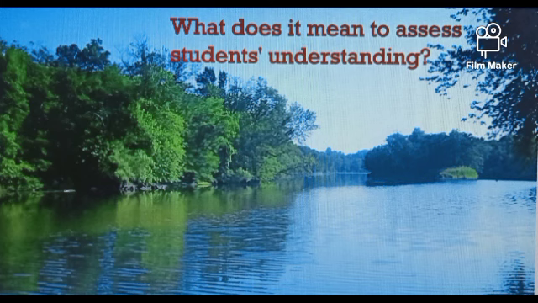Number 1, identify and generate examples and non-examples of concepts in any representation.